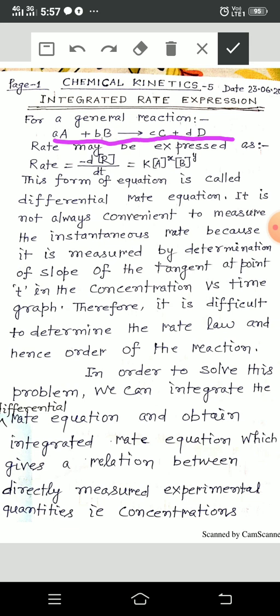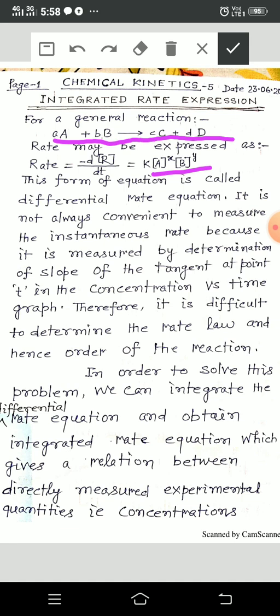Rate may be expressed as rate is equal to minus d concentration of R by dt equal to k concentration of A raised to the power x concentration of B raised to the power y. This form of equation is called differential rate equation.